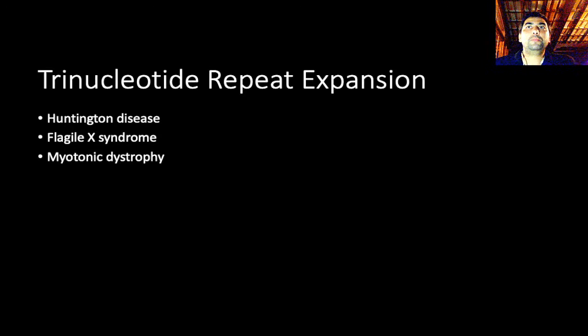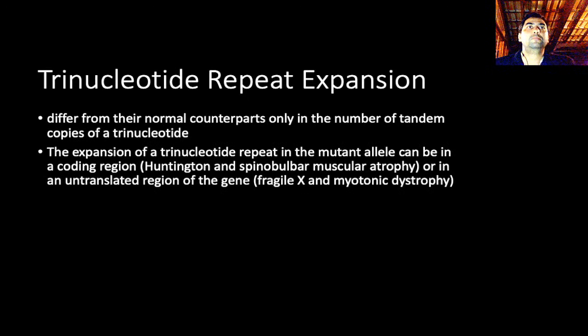Trinucleotide repeat expansion includes Huntington disease, Fragile X syndrome, and myotonic dystrophy. The trinucleotide repeat expansion alleles differ from their normal counterparts only in the number of tandem copies of a trinucleotide.